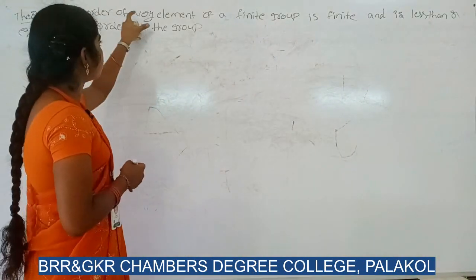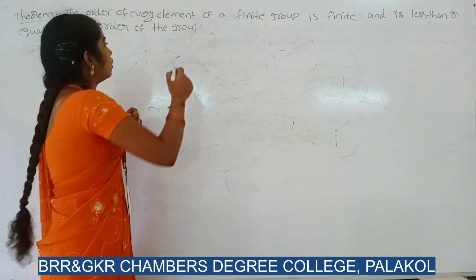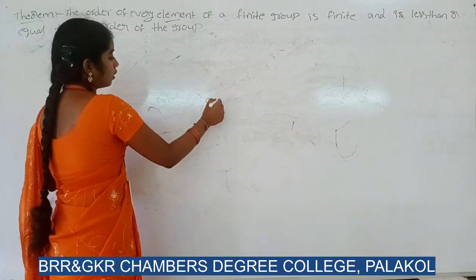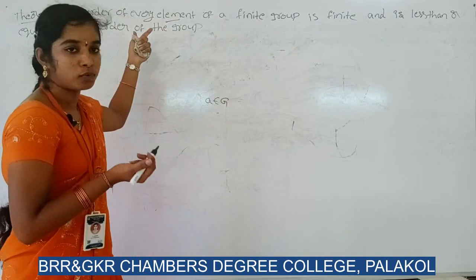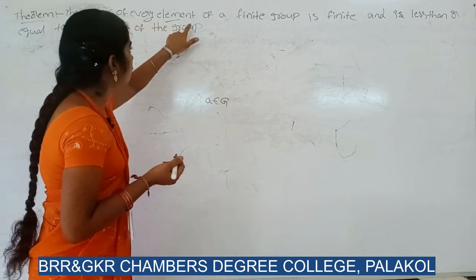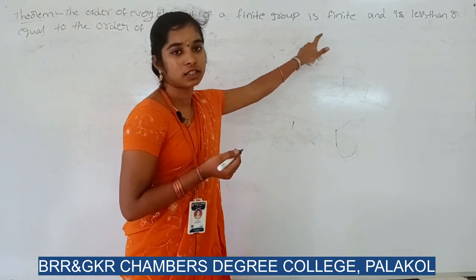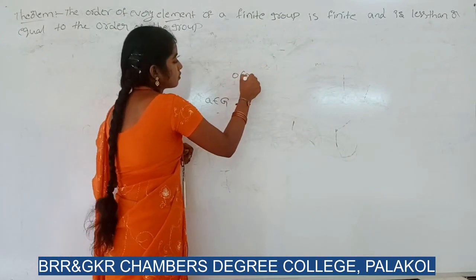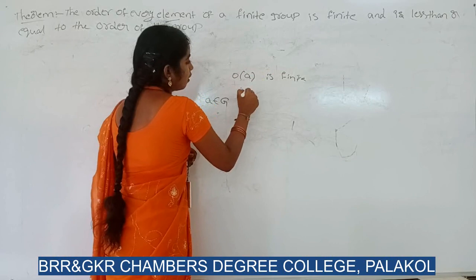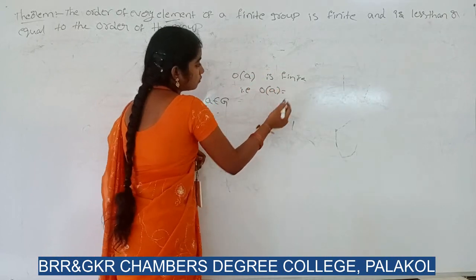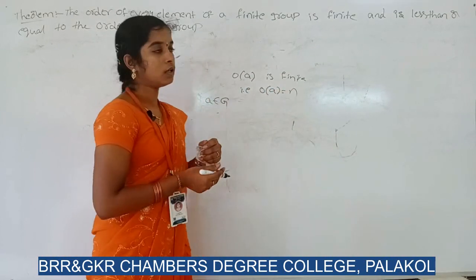So the order of every element of a finite group is finite. Let us consider an element a belongs to G. First you have to prove that the order of a is finite, that is, order of a equal to n.